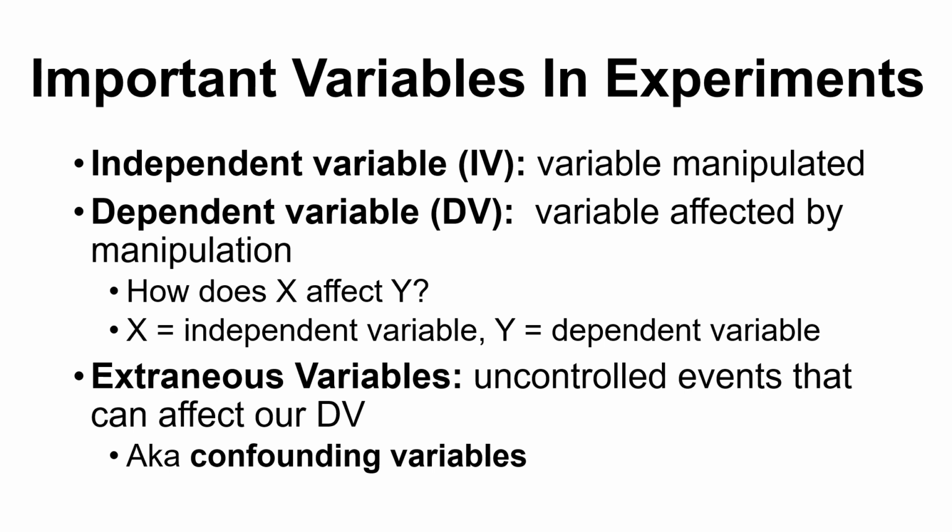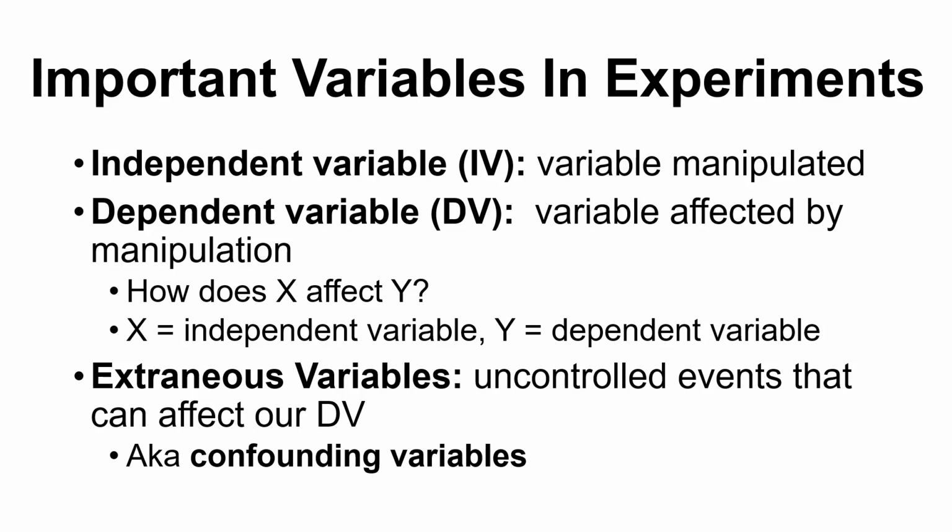So we can have an independent variable, or an IV, and this is a variable that the experimenter manipulates. This is the thing that we want to change. This is the thing that we think is causing the relationship that we're testing. So our independent variable is the thing that we change ourselves, that we are manipulating in our experiment, and that should lead to a change in other things. But it's independent because we have to change it ourselves.